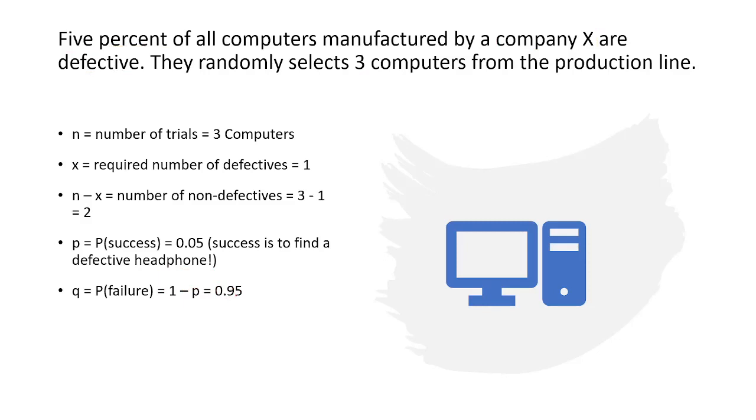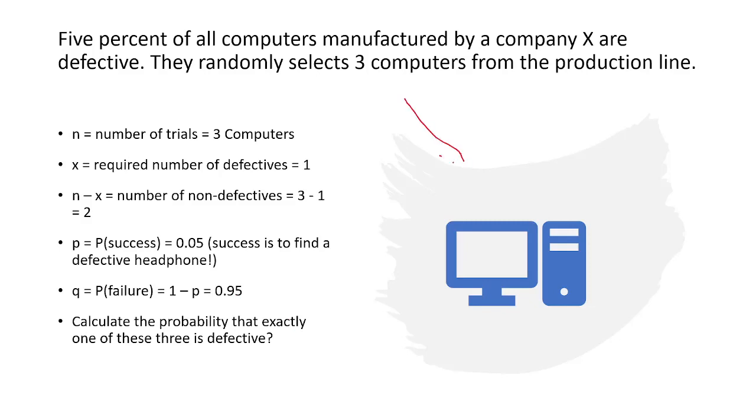They ask us to calculate the probability that exactly one of these three is defective. Imagine someone takes 3 computers from a shipment, and your manager would like you to calculate the probability that exactly one of these 3 is defective.